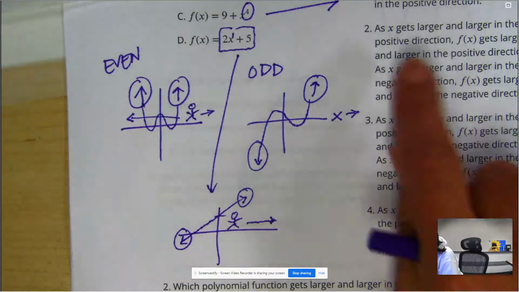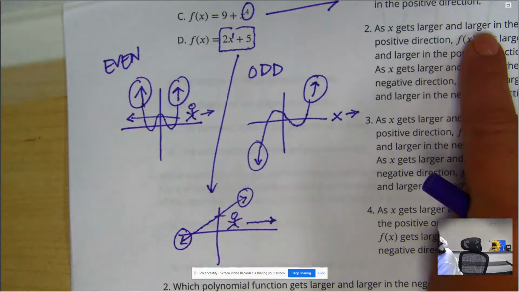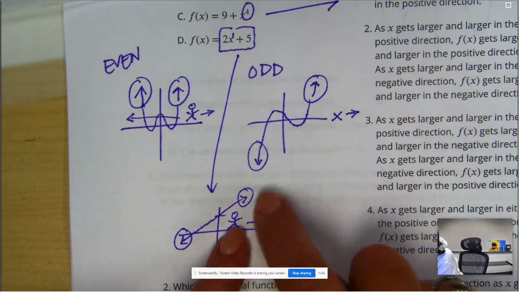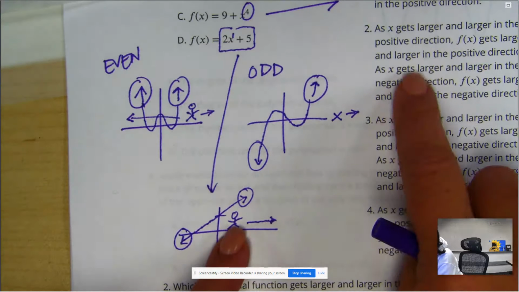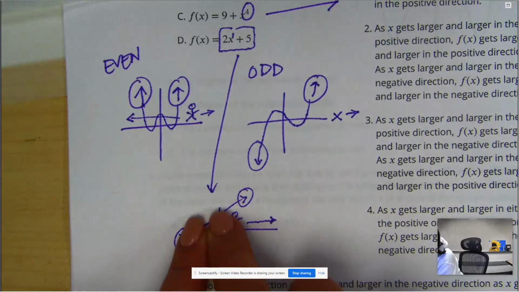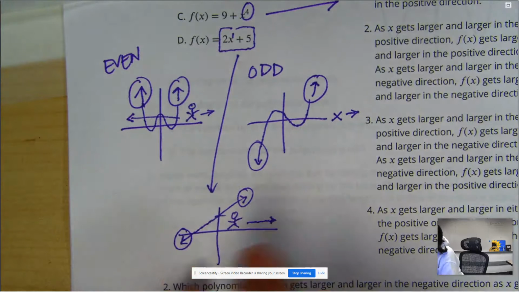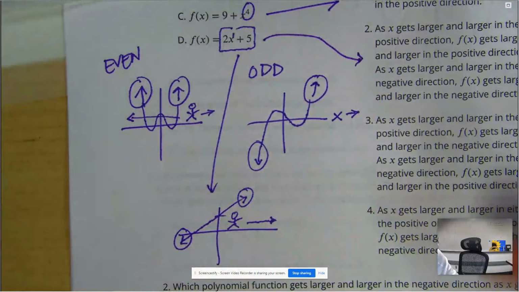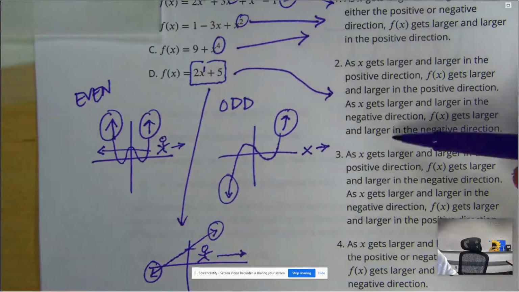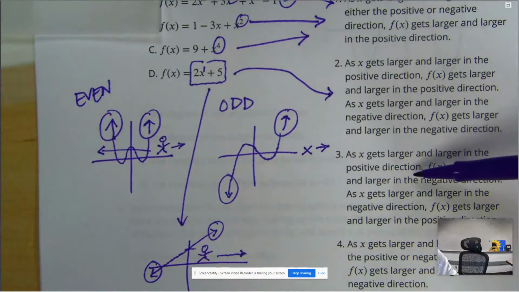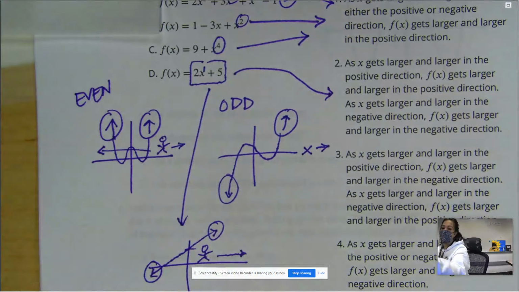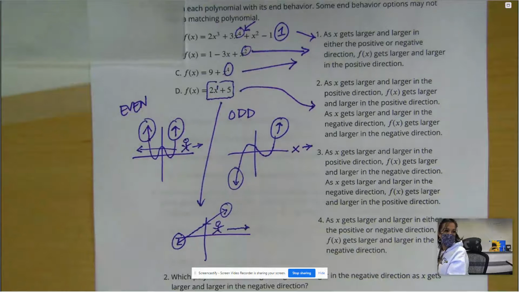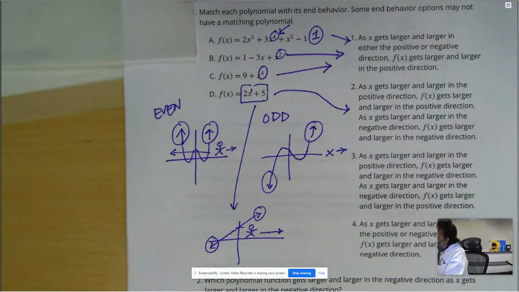So let's see. As x gets bigger in the positive direction, y gets larger in the positive, yes. As x gets larger in the negative direction, the output gets larger in the negative. This one is number 2. Let's just make sure. What did these two say? Yeah, these are backwards. Maybe those will show up today. All right, so A, B, and C all were number 1, and D belonged to number 2.